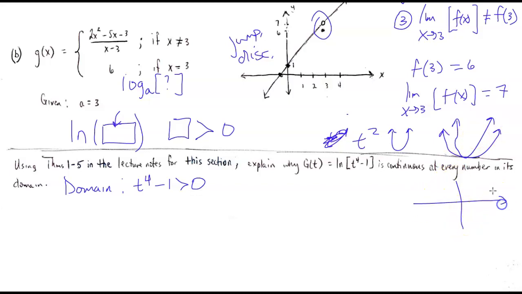So if I was to draw what t to the 4 minus 1 would look like, it would essentially just be this. Okay. And of course, these x-intercepts here would be minus 1 and 1, because if I plugged in 1 or minus 1 for t, that would give me 0 as an outcome.